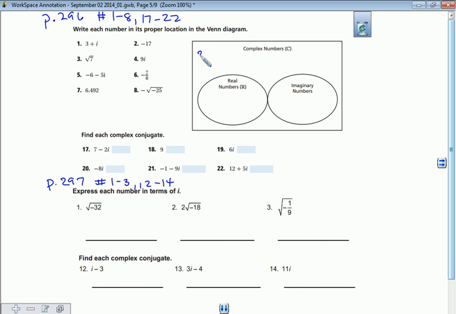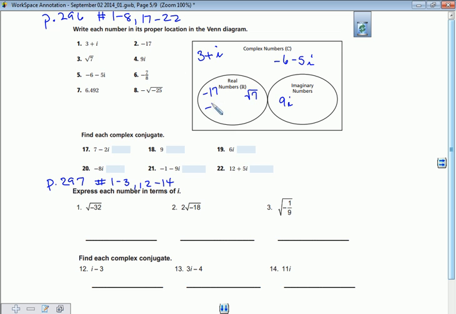3 plus i is complex. It has a real part and an imaginary part. Negative 17 is just a real number. More specifically, we would call that an integer, but that does fall under real number. Square root of 7 is also a real number. It's irrational. 9i is an imaginary number. Negative 6 minus 5i is complex. It has the real part and the imaginary part.